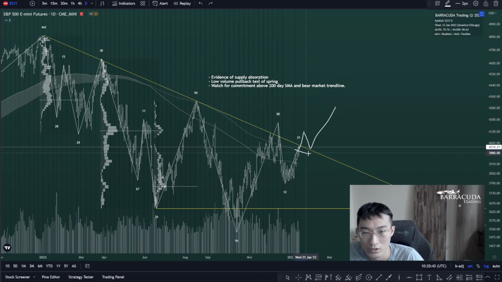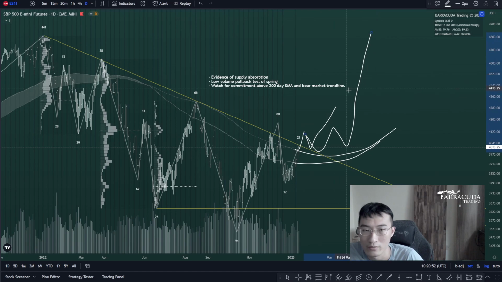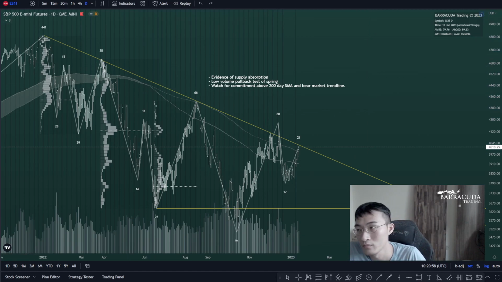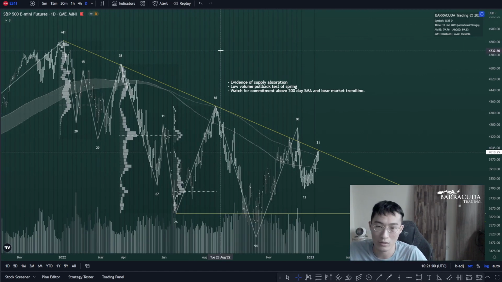It'd be nice if the price just tests it and goes back up, right? So yeah, I'm quite bullish on the S&P, to be honest. And then again, I'm not 100% right, but I do have a pretty good chance that it's going to go up. Yeah, that is what I believe.